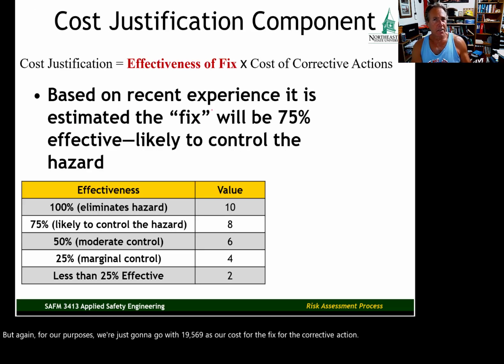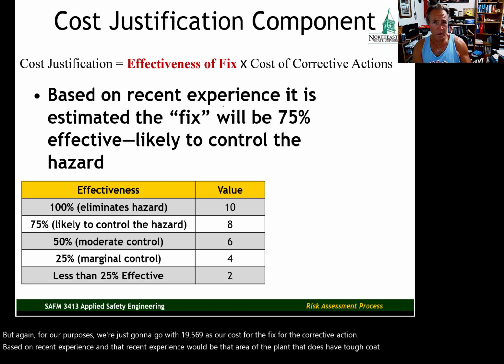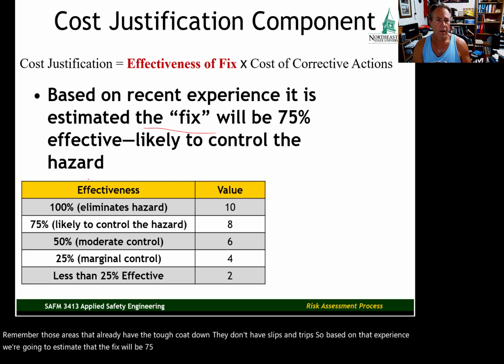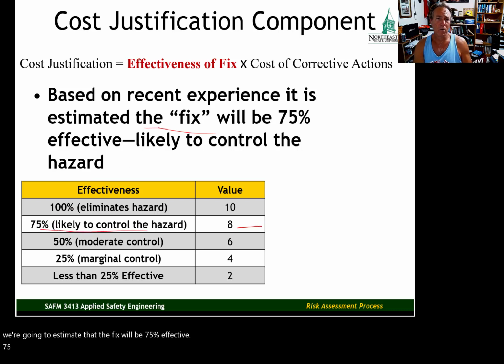Based on recent experience, and that recent experience would be that area of the plant that does have tough coat already. Remember, those areas that already have the tough coat down, they don't have slips and trips. So based on that experience, we're going to estimate that the fix will be 75% effective. 75% effective receives a value of 8 for the effectiveness of the fix.